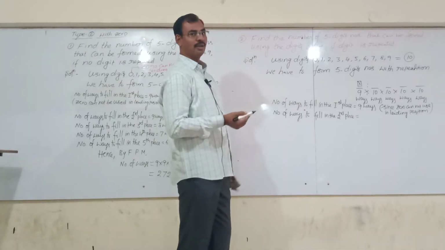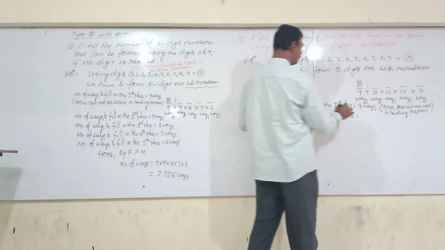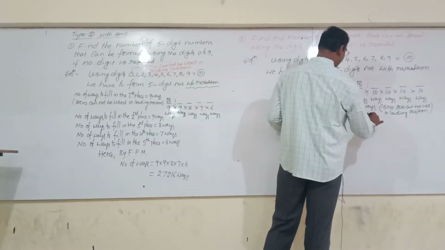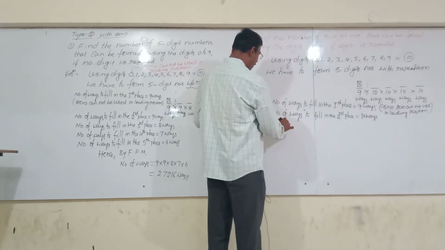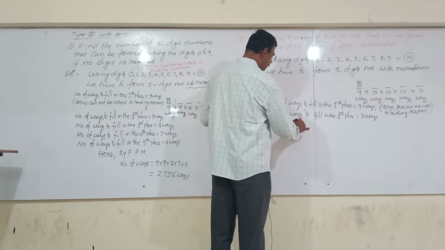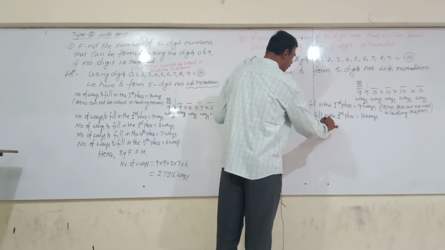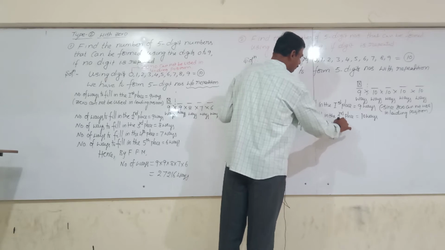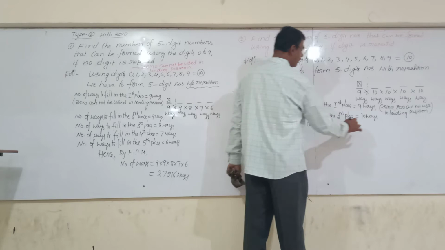This chapter is only counting. Second place is equal to 10 ways. Now, number of ways to fill in the third place is equal to 10 ways.